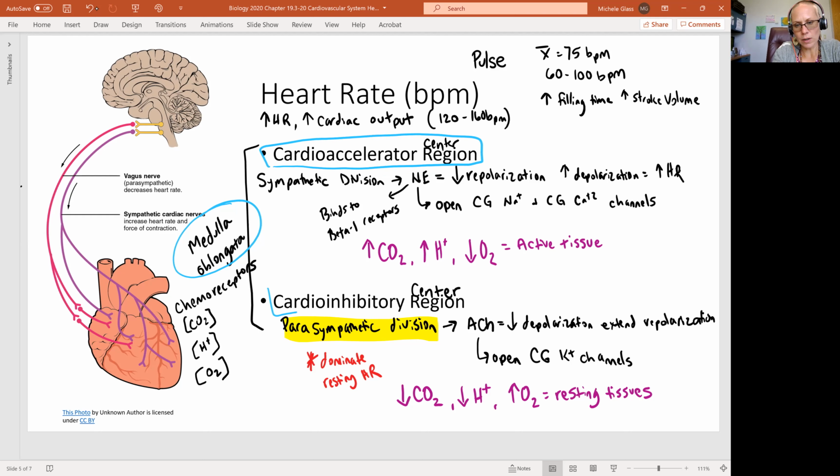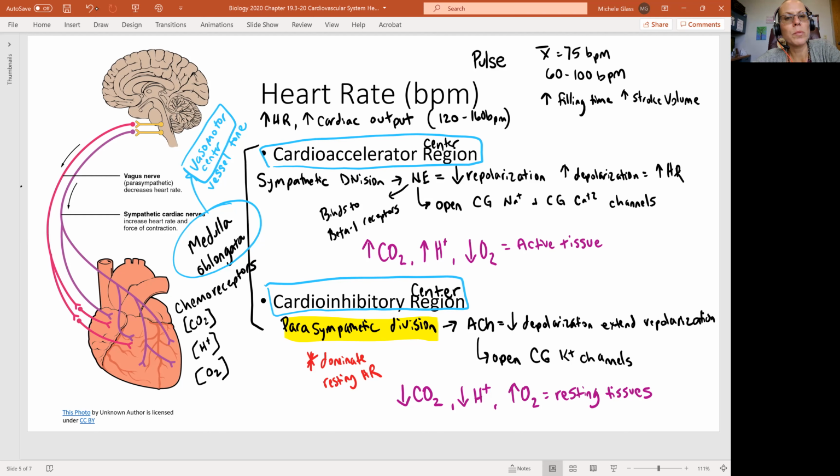We had the cardio inhibitory center or region. And then we have what's called the vasomotor center. And the vasomotor center is controlling what we call like a vessel tone.